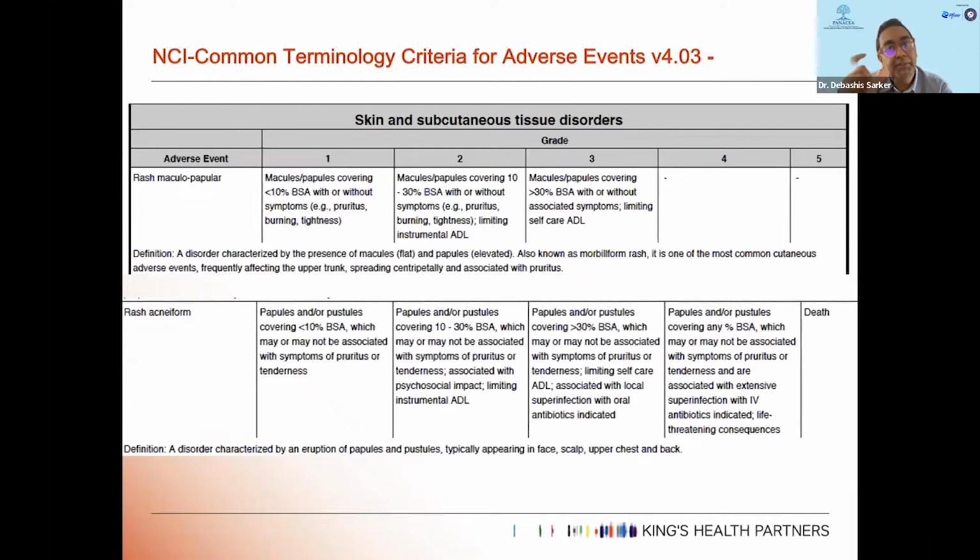So have a look at this, because I think it's really important for you to be able to understand what toxicities are, what the grades are, and how they're defined, because this is how we define this. Often in standard clinical practice, irrespective of being on a trial, but even more so in the context of a clinical trial, this type of definition is absolutely critical.